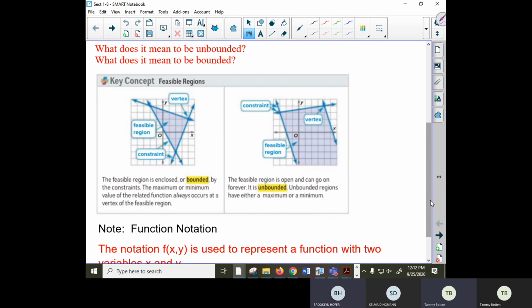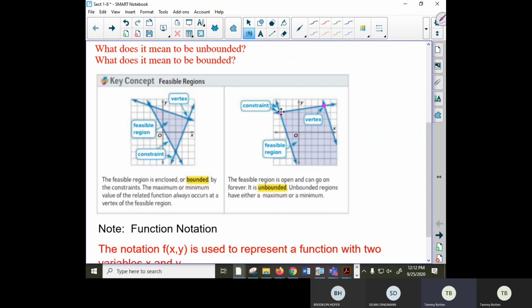So you're going to close in a triangle that is said to be bounded. And then other times you are going to have a situation where it's not bounded, but you still have what we call vertices here.